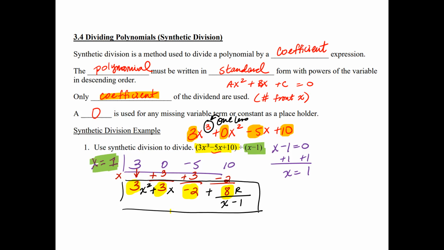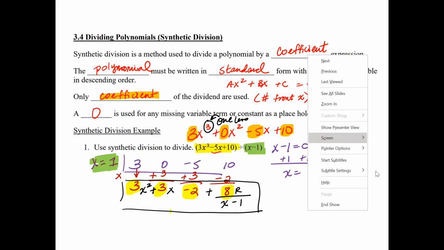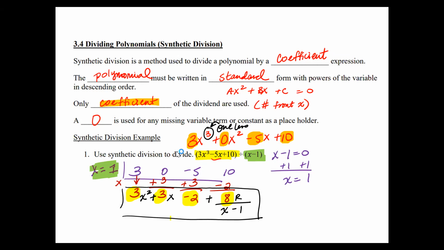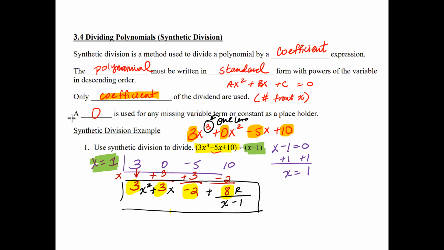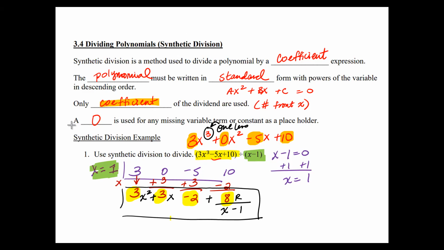I know you're thinking, well, if I go ahead and do long division, will I have the same answer? You should. And if you're not sure, guess what? I can show you right now that you will have the right answer. So I'm going to show you this long division as if you would normally do it, and let's check just to make sure.